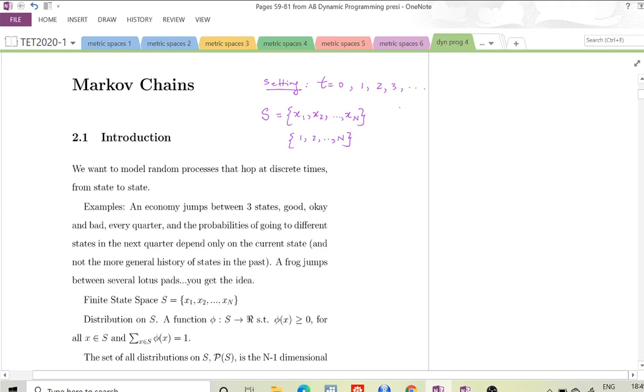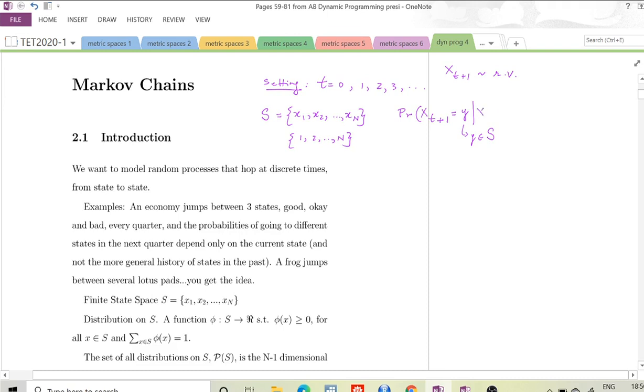So the probability that the state tomorrow, let's say xt plus 1, the capital X notation suggests that this is a random variable, and the probability that the state xt plus 1 tomorrow is equal to any particular state y, for any y in the state space, given whatever history of states had occurred.